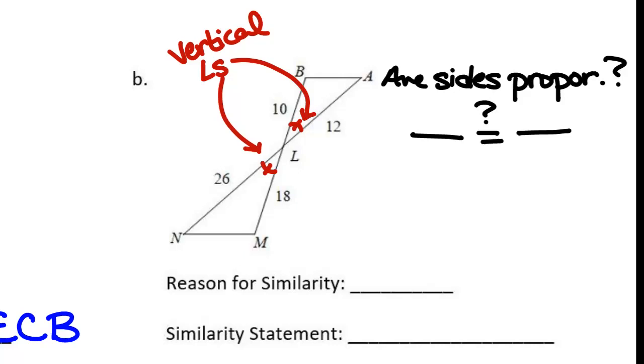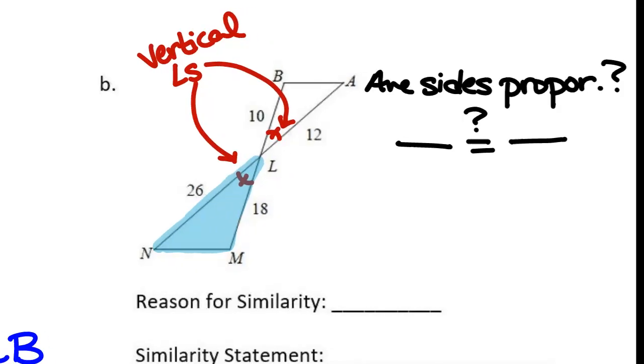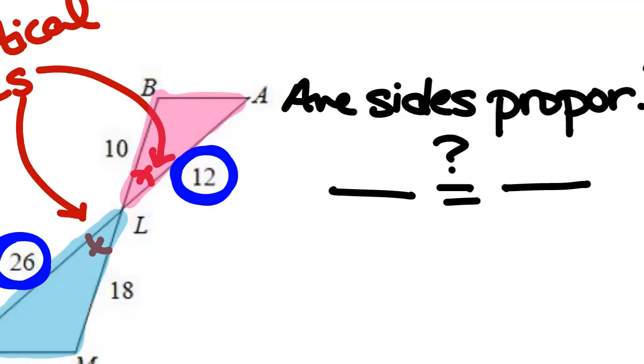Biggest to biggest, smallest to smallest. So I have this blue triangle down on the bottom, and I have this pink triangle up on the top. I have to match a pink side with a blue side. What is the biggest side on the blue triangle? 26. What's the biggest side on the pink triangle? 12. So I have to make a fraction out of 26 and 12.